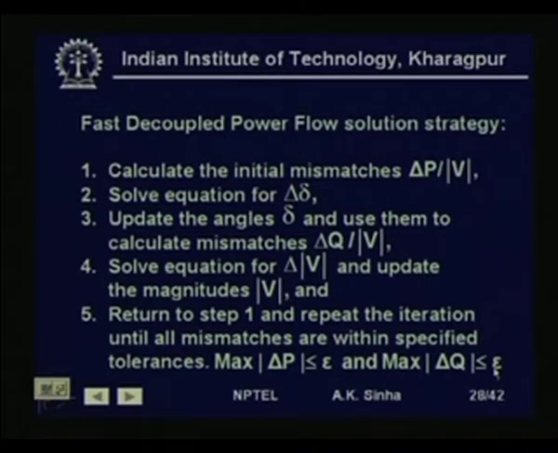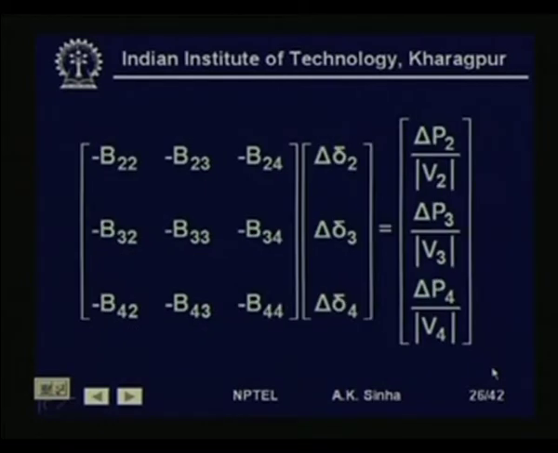than some tolerance value. So, if we see here, this matrix is already available because we know the susceptances for the system. We can compute these elements and solve for this. Once we get these values, we add them to the previous values of delta, and so we get the new values of delta.